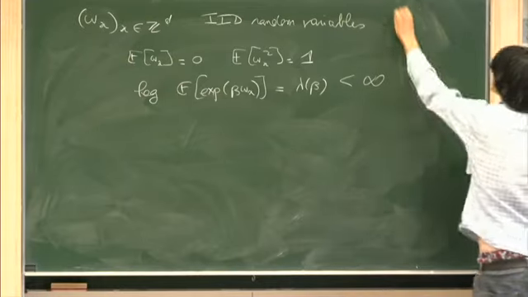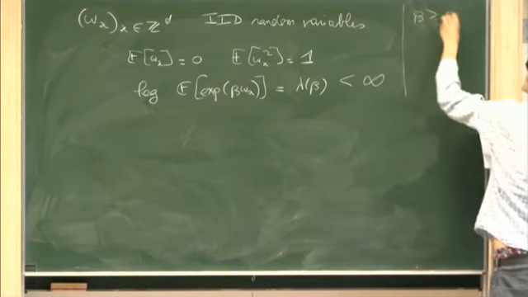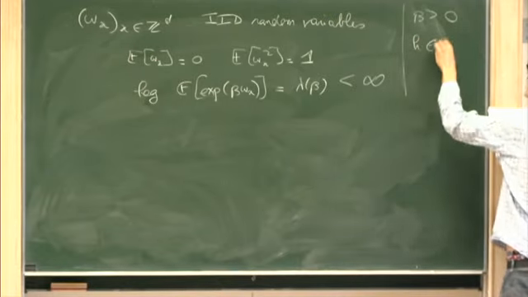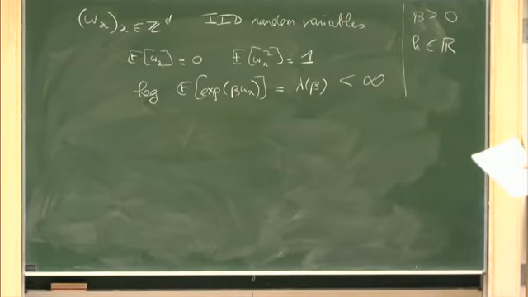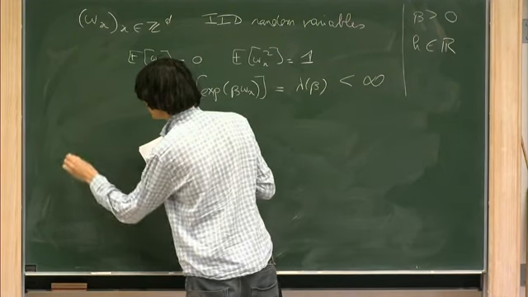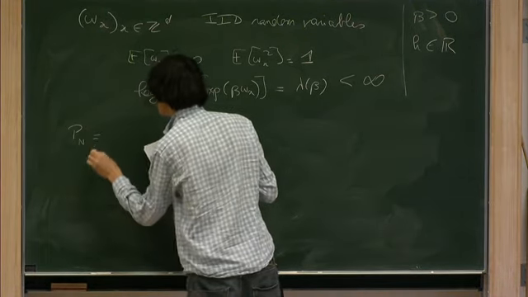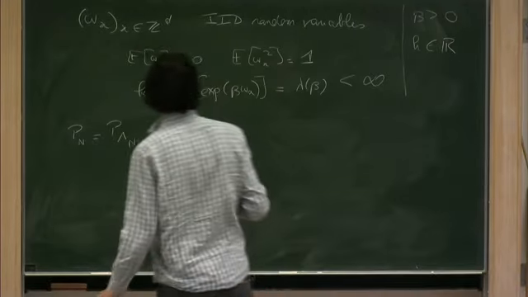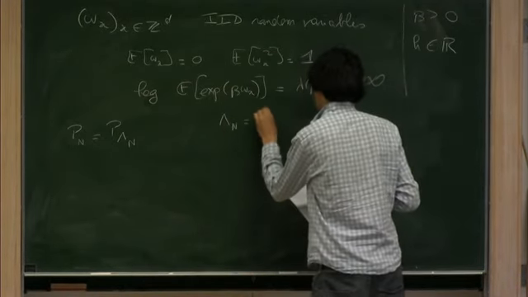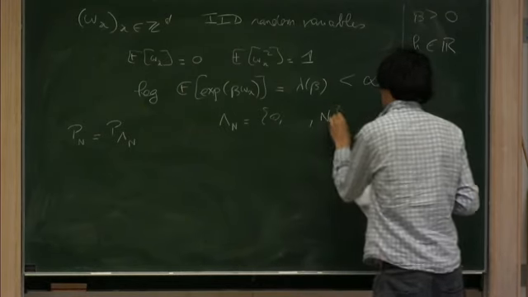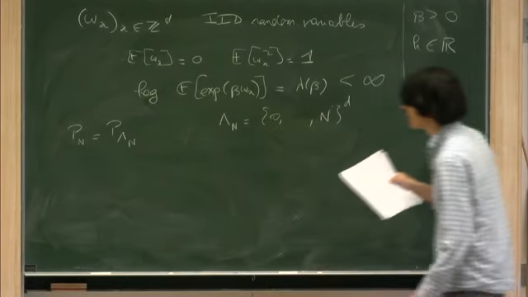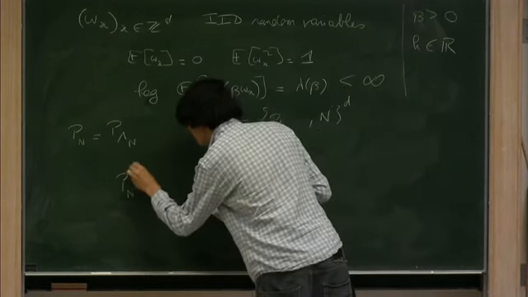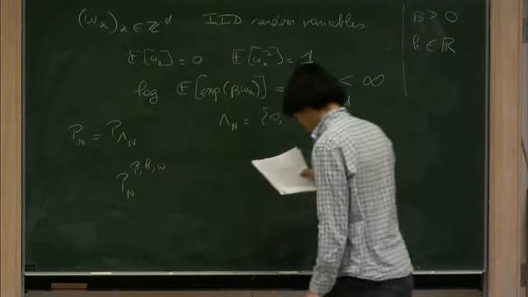I also give myself a parameter beta, which is the inverse temperature, and some h in R, and if Pn is the measure of the free field on the box gamma n, where gamma n is {0,...,n} to the d, I define the modified version of Pn, which is Pn beta h omega.